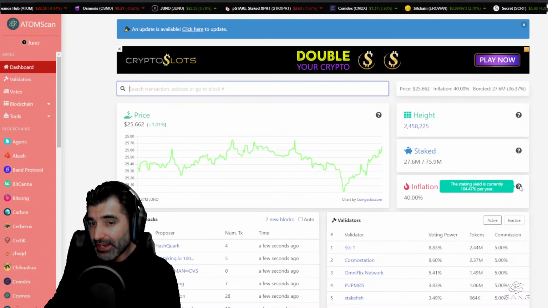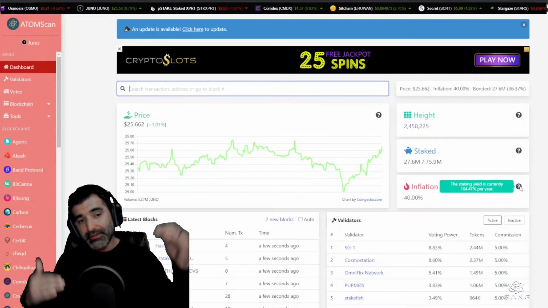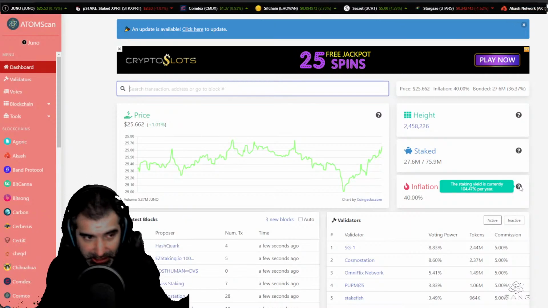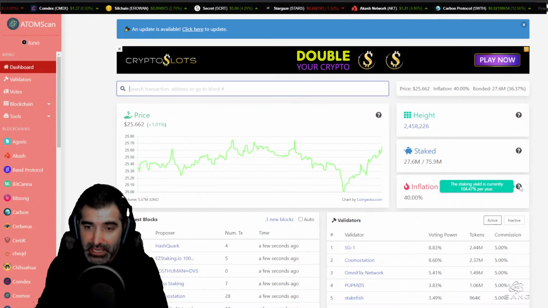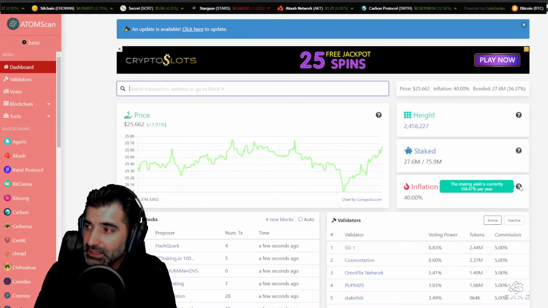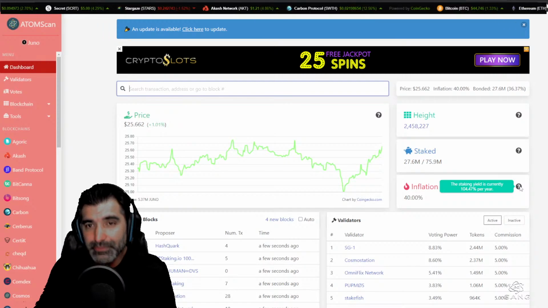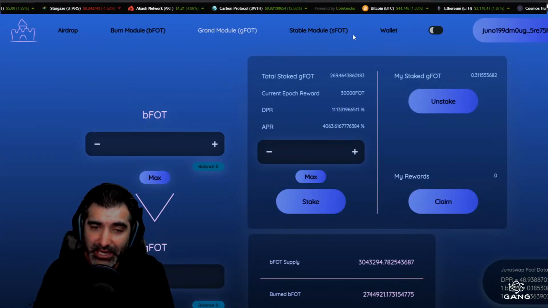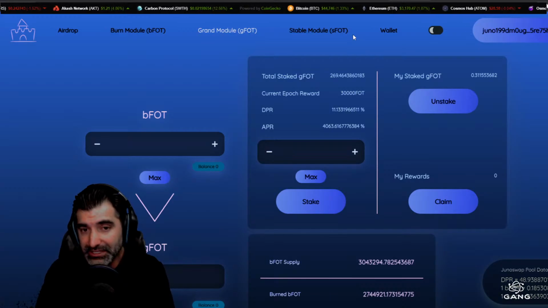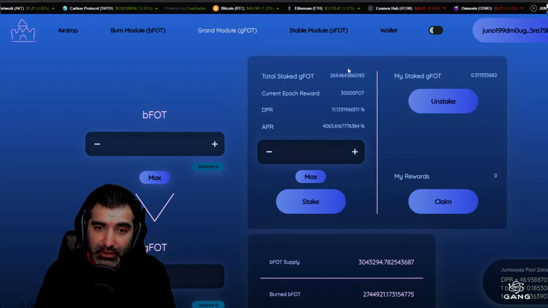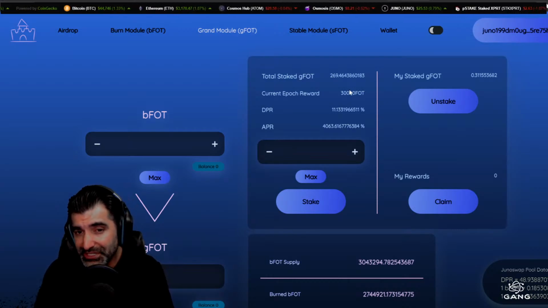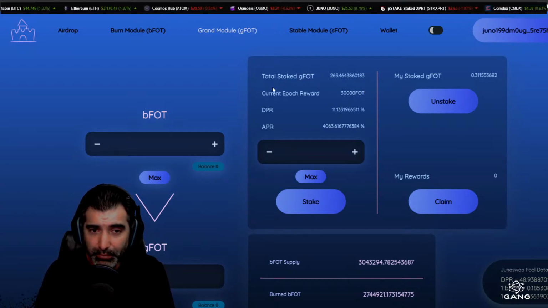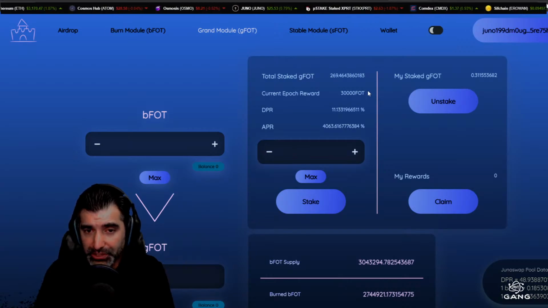A lot of variables change, right? It's give and take, like Osmosis. I hate to use it because we're not talking about Osmosis right now, but that is the essence of it. Just because of the way it's set up, the mechanics behind it, as far as I understand it, it is kind of hard to follow all of the mechanics. But in essence, it's pretty simple. There's a certain amount per epoch reward that goes out in FOT.